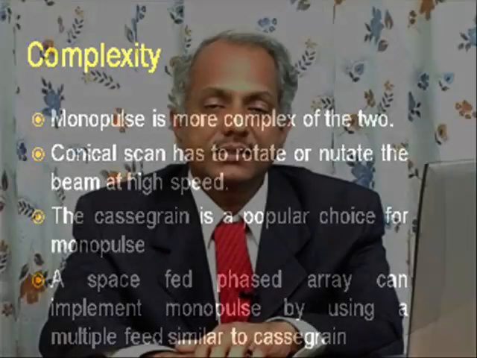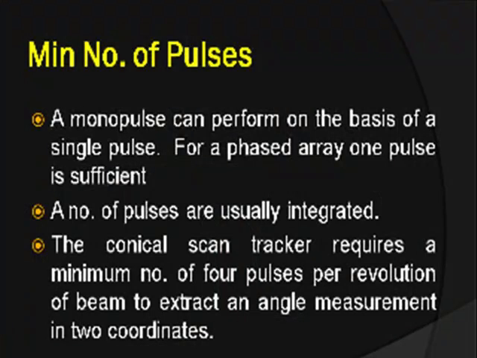Let us see in terms of minimum number of pulses. A monopulse can perform on the basis of a single pulse. For a phased array, one pulse is sufficient. But normally, a number of pulses are usually integrated.